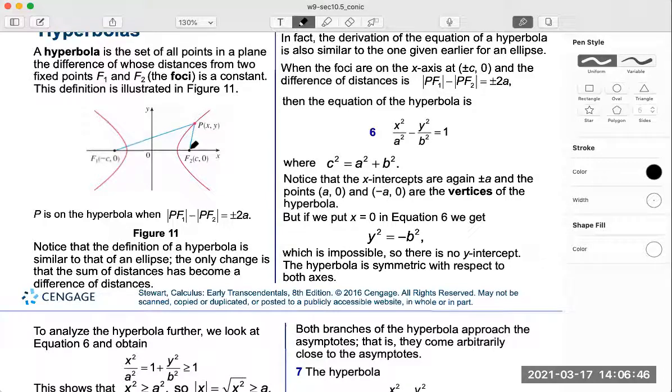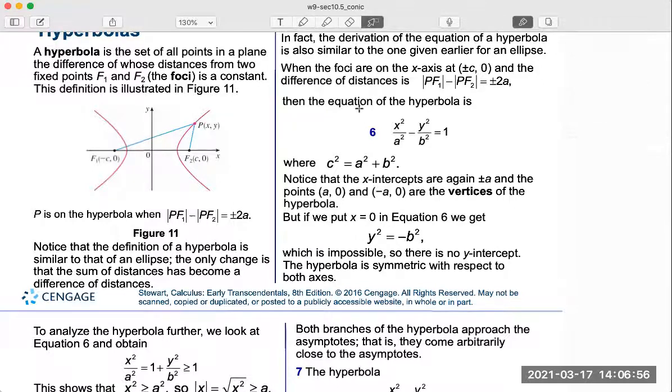Just look at this. And so we do some algebra using the distance formula. And it ends up with an equation like this. This is the equation of this hyperbola here. In this case, the foci, look at this. It is at F1 negative C, 0, and F2 C, 0.